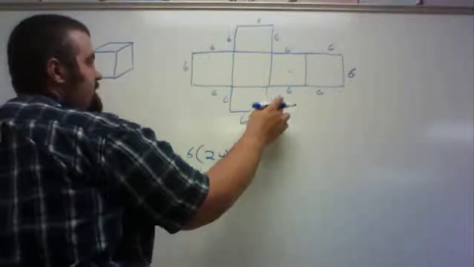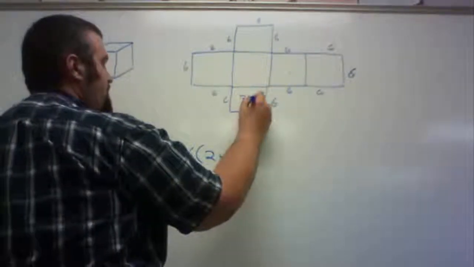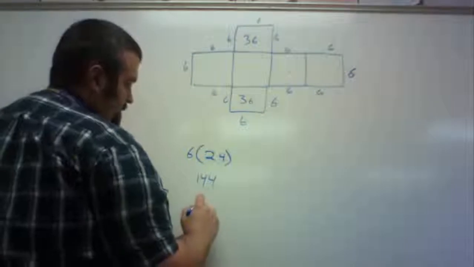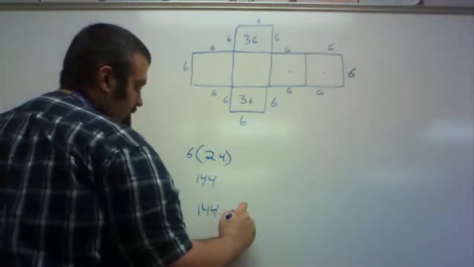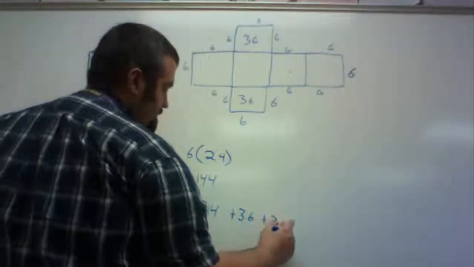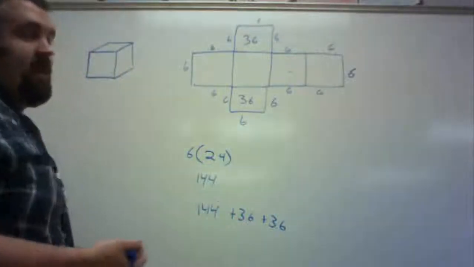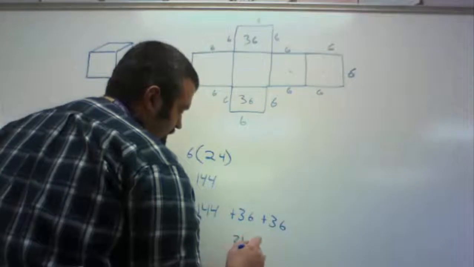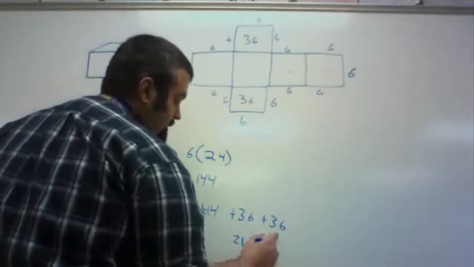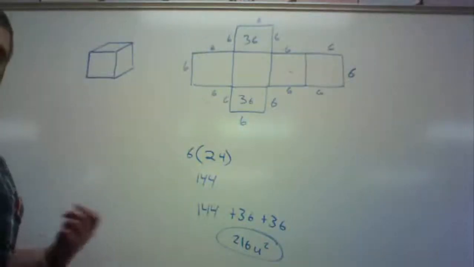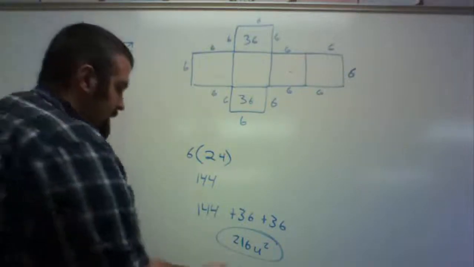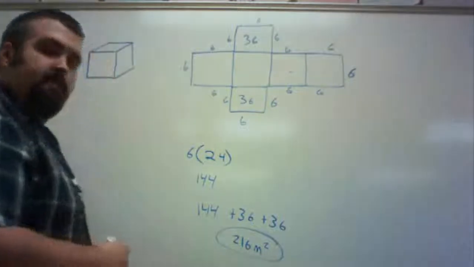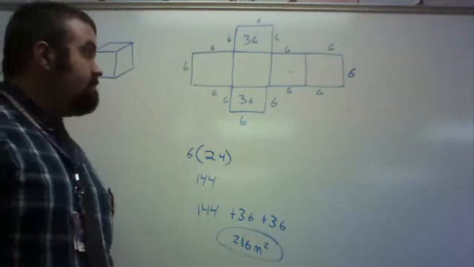Now, the area of this one is 6 times 6 because it's a cube, so this is 36, and this is 36. So my final answer would be 144 plus 36 plus 36. So it's basically finding the area of each face individually, and what I end up getting is 216 units squared, because surface area is measured in units squared. But I realized I was given units, meters squared. And there we go.